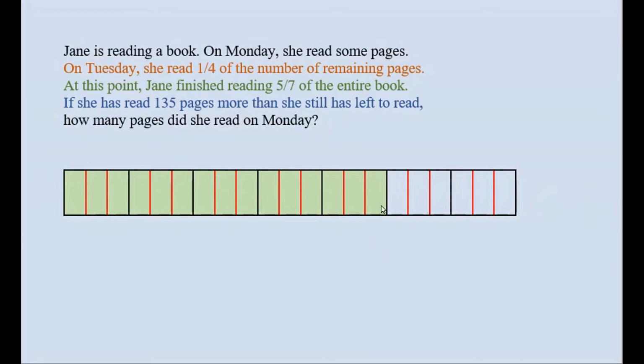If she read this much on Tuesday, she left this many pages unread. Now that allows me to conclude she must have read just this many pages on Tuesday. Why?